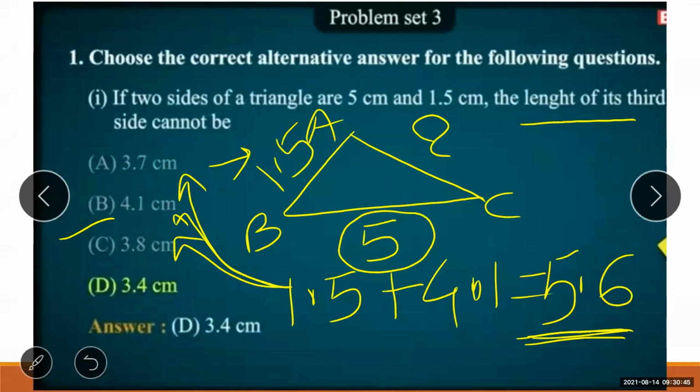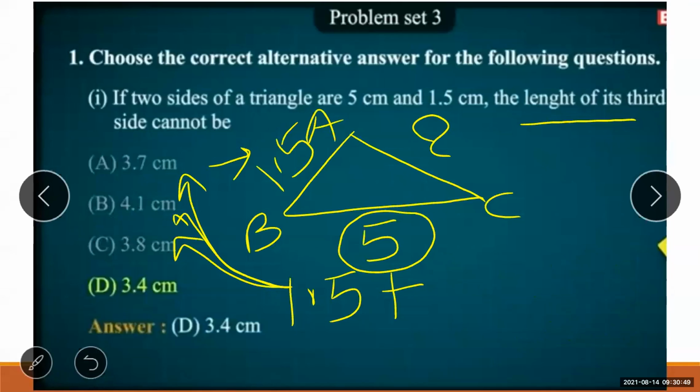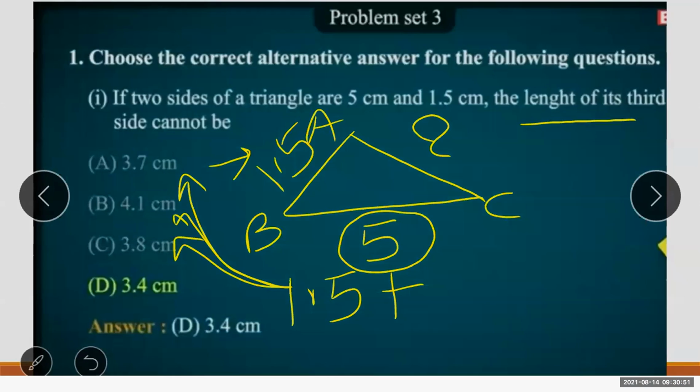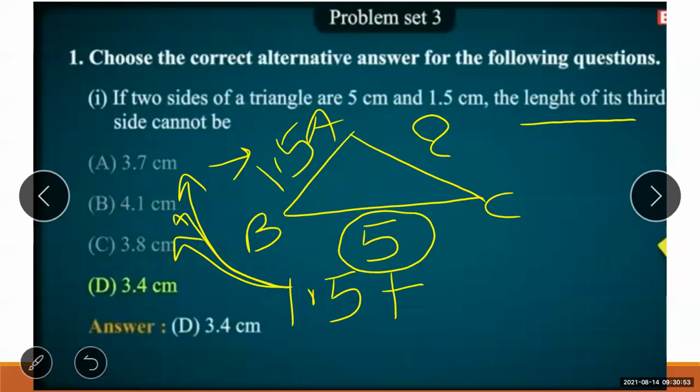Then I will add the third number, 3.8. The total will be 1.5 plus 3.8, that is 5.3.